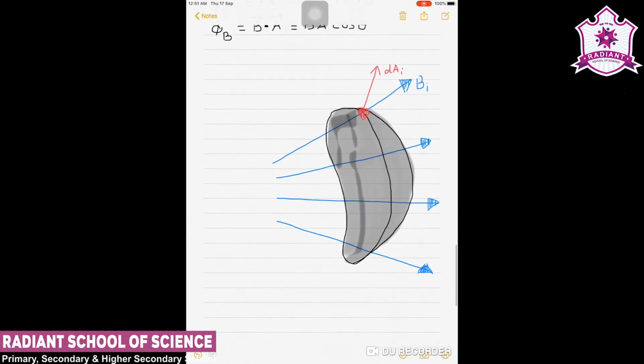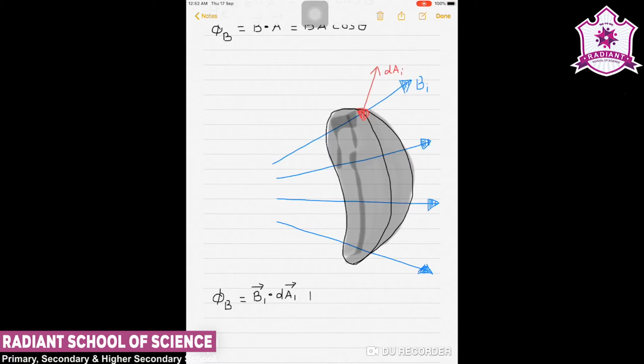So for that, we can say that if the magnetic field has different magnitudes and directions at various parts of a surface, as given in this figure on the screen, then the magnetic flux through the different surfaces, if we number them 1, 2, 3, etc., can be given as phi B equals, suppose B1 is a vector at some point and a small cross section area dA1 is represented for that point.